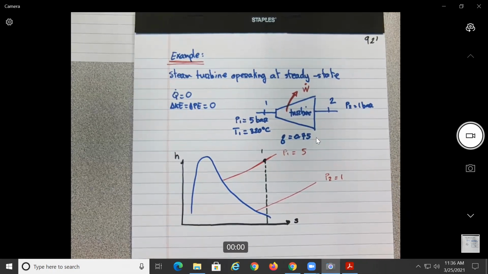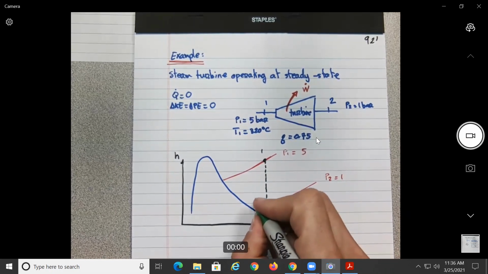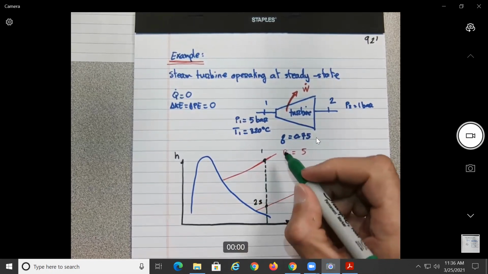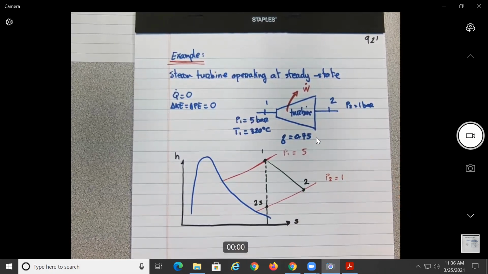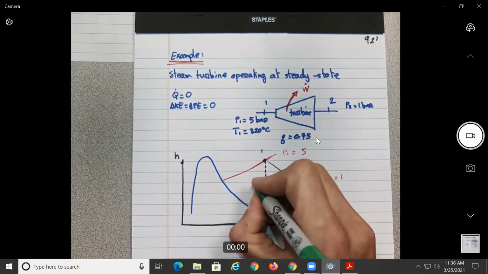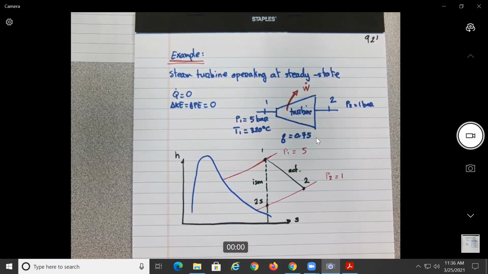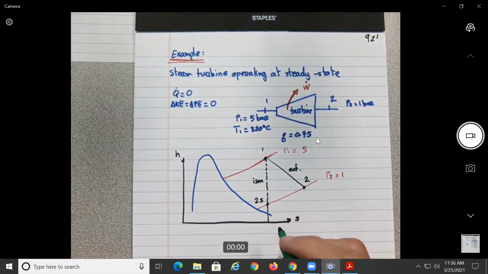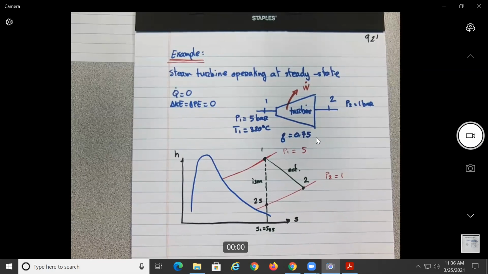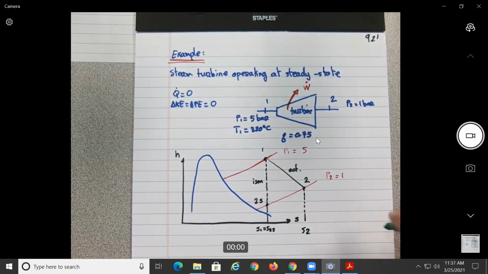This should be 2s. And then what will happen if we have the 2 over here? This will be the actual, so this will be isentropic. This will be the actual. So here s1 equals s2s, and this will be s2.